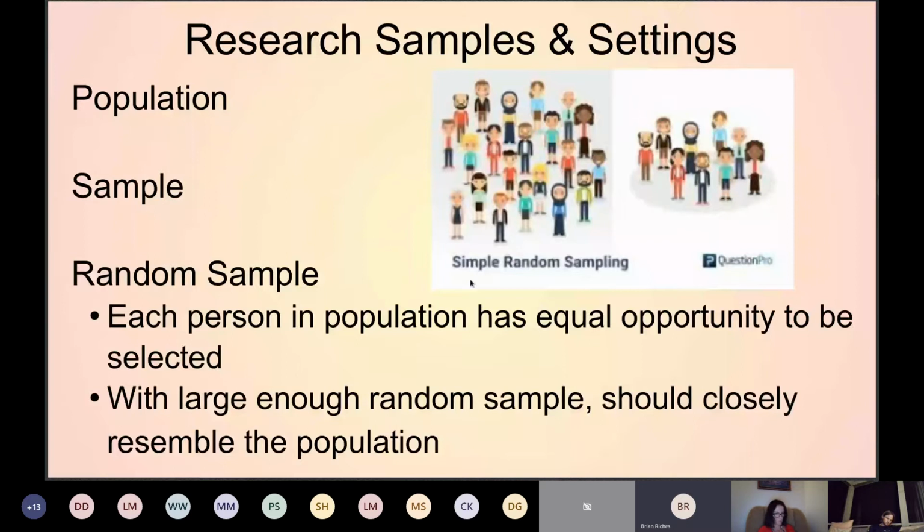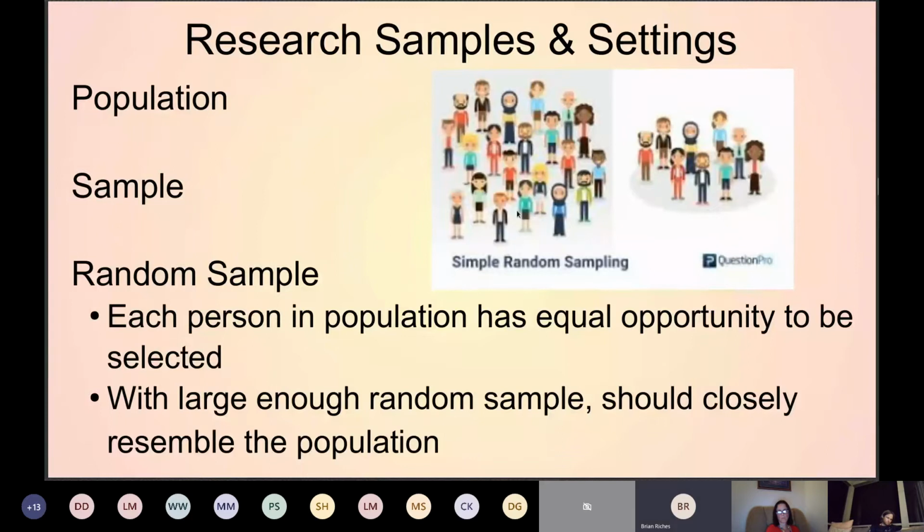So rather than say 20 from people from each major, say, okay, I've got a computer list, a roster of every student at Salt Lake Community College. I need this computer to give me 400 students, and it just randomly picks 400 students. That would be a random sample, and with a large enough random sample, you get a really good sample that closely resembles the population.